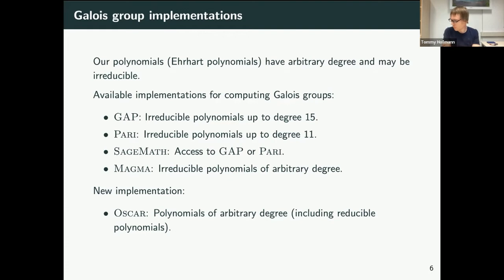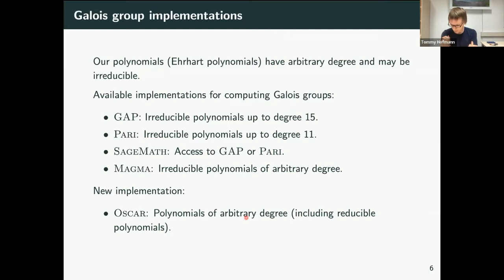And what we report on is a new implementation and it's the first open source implementation for polynomials of arbitrary degree. And it also includes reducible polynomials, but the reducible part is not too important. The interesting part is the arbitrary degree part.